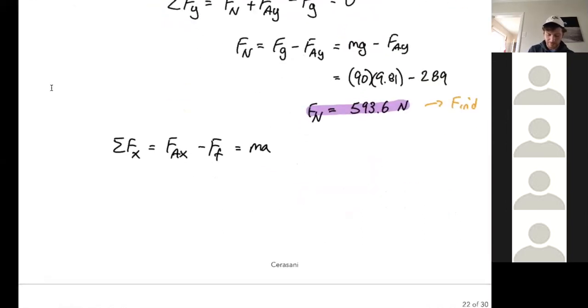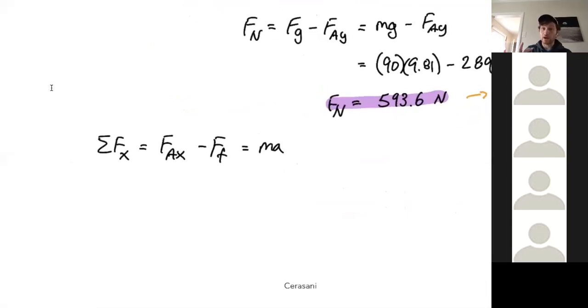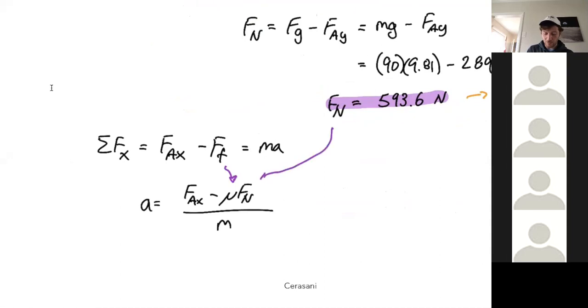We are looking for our acceleration, so we can divide by the mass. So Fax, which we know, minus mu Fn divided by our mass, right? There is our friction.